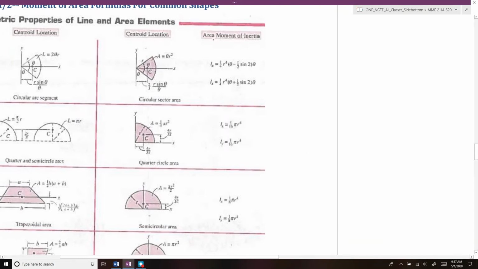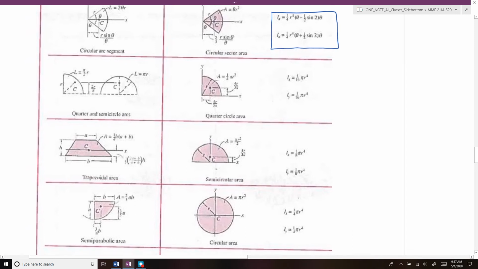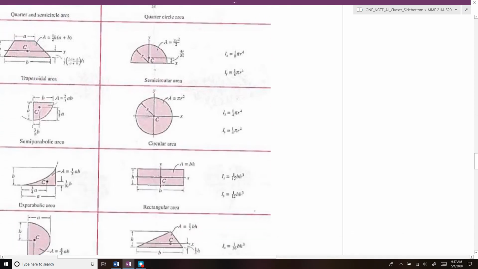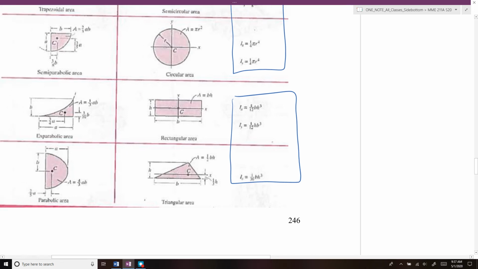We have the area moment of inertia for a bunch of different types of shapes: quarter circles, quarter sectors, semicircles, circles, rectangles, and triangles. You can use these to calculate the moment of inertia about the centroid.